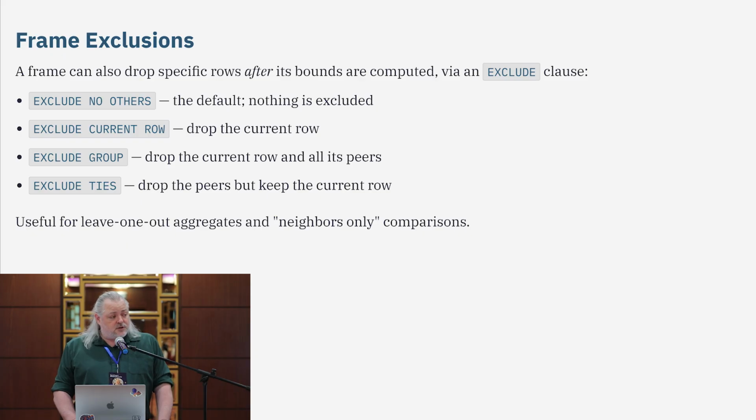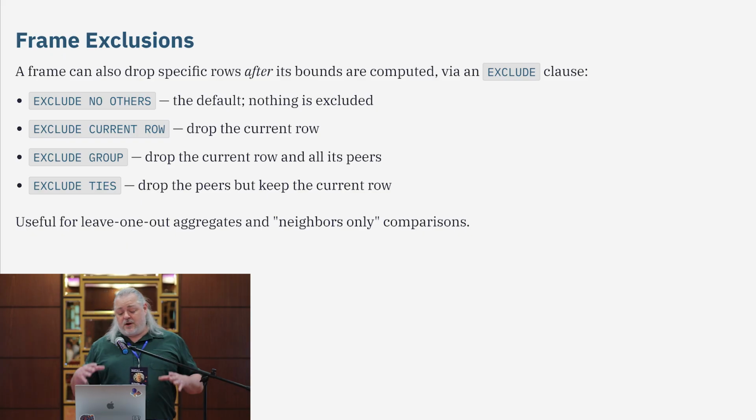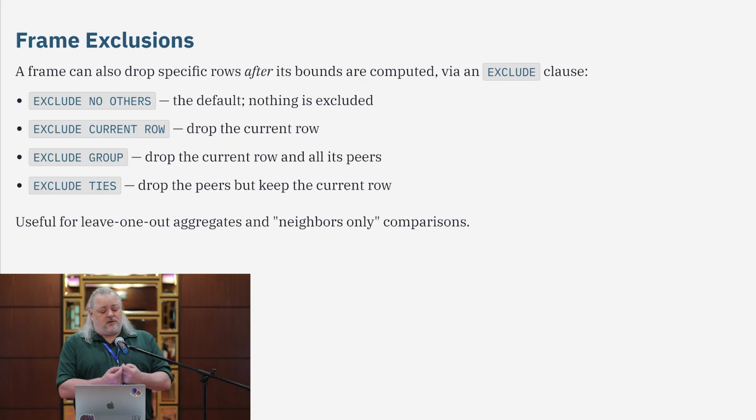We have frame exclusions also. And fun fact, Postgres was the first implementation to completely implement the windows specification with exclusions and groups. Others do it now, but Postgres was the first. So when you're calculating something, you can exclude nothing, which is exclude no others for some reason, and that's what we've been using the whole time.